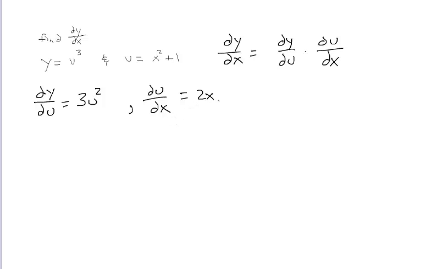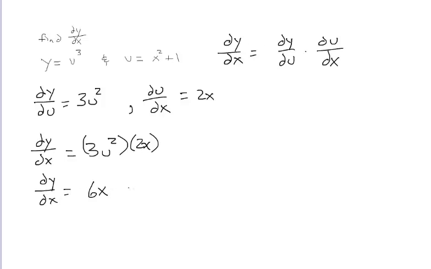So now that we've done both pieces, we can say that dy dx is equal to 3u squared times 2x. And we can simplify this and say dy dx is equal to 6x times u squared.